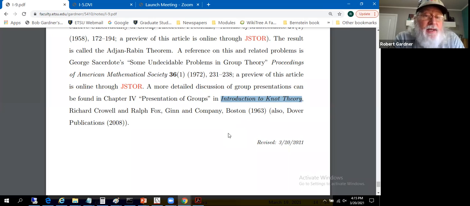One way to determine it is to associate a group with a knot, and in so doing, up come group presentations. Group presentations naturally arise when associating a group with a knot.